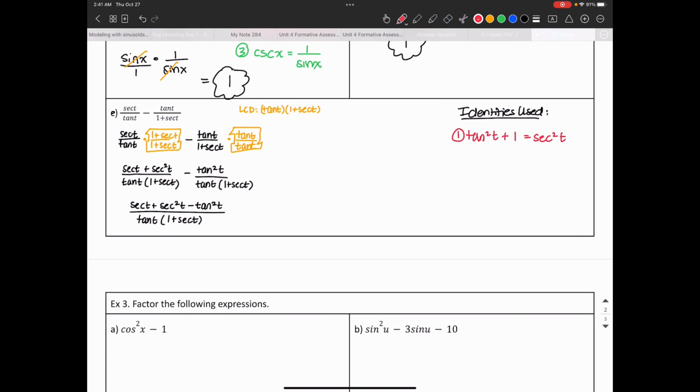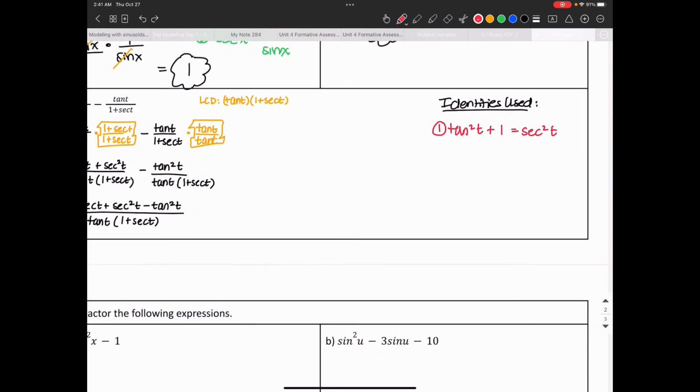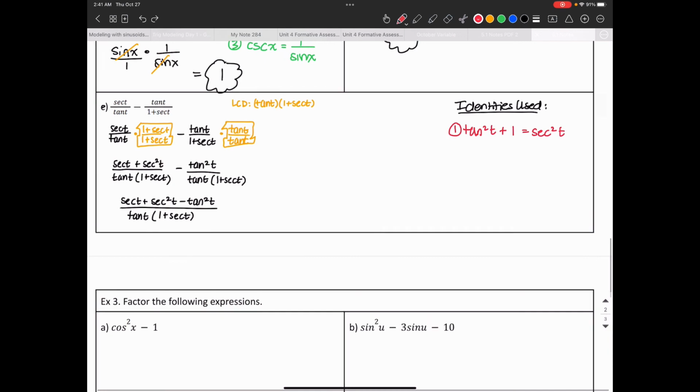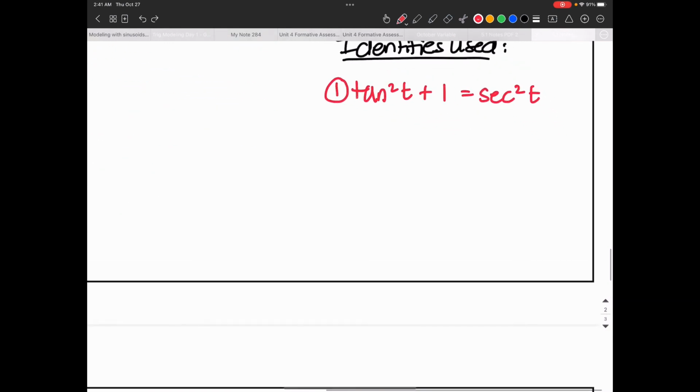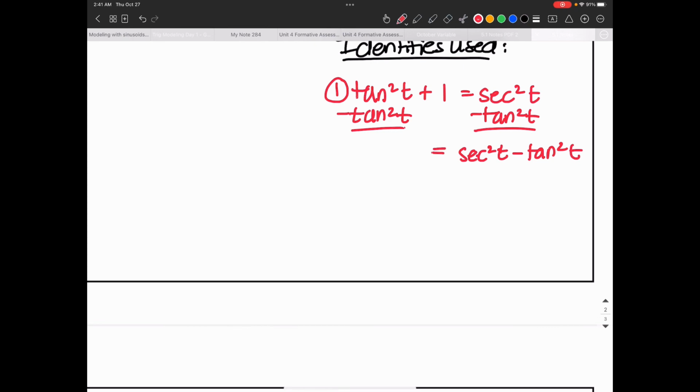And this is not exactly what it looks like here, but maybe I can rewrite this to get it to look like that. If I wanted secant squared of t minus tangent squared of t on one side, so I could rewrite the two terms as one term, I would subtract tangent squared of t on both sides. And I would get, okay, secant squared of t minus tangent squared of t is equal to 1.